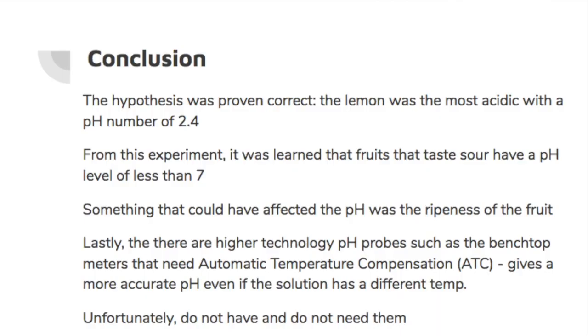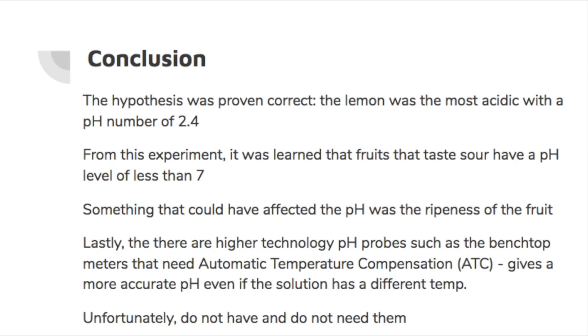In conclusion, our hypothesis was proven correct, which was that the lemon would be the most acidic, which it was because it had a pH number of 2.4, which was less than all the other fruits. From this experiment, it was learned that fruits that have a sour taste have a pH level of less than 7.